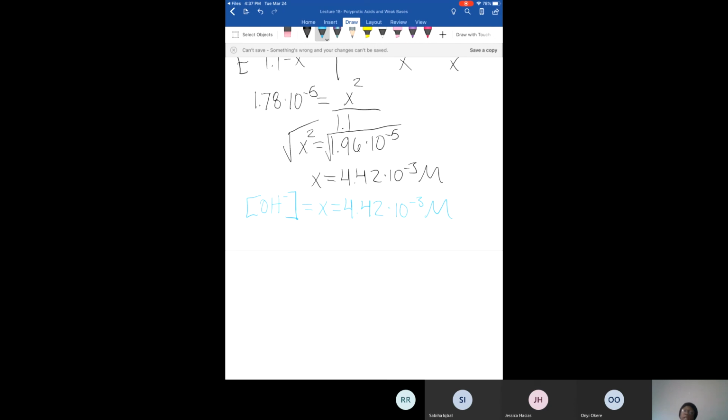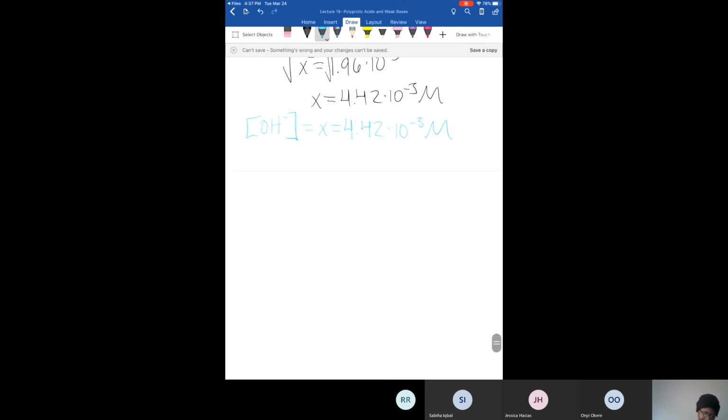So there's something that you can use to go from your OH concentration to your H3O plus concentration, and that is your Kw. So you know Kw equals H3O plus times the OH minus concentration, which equals 10 to the negative 14.